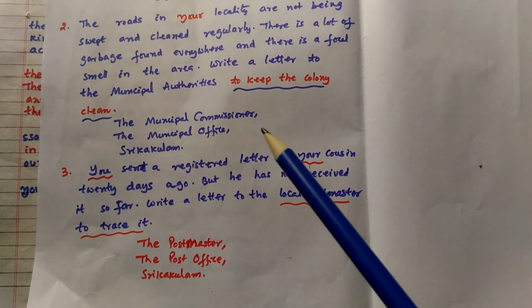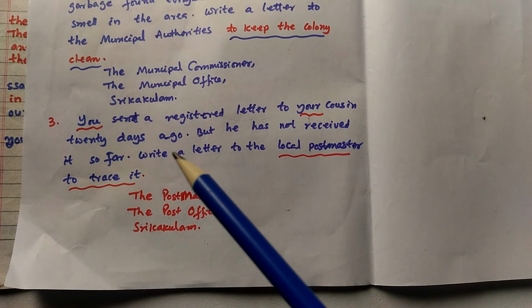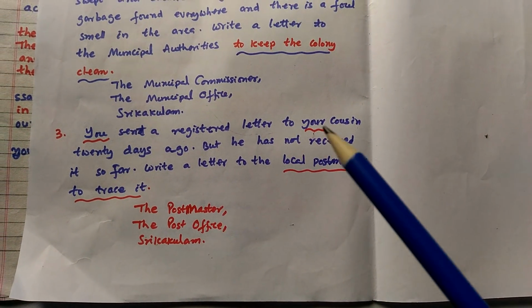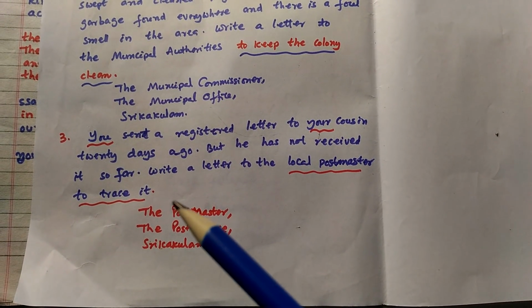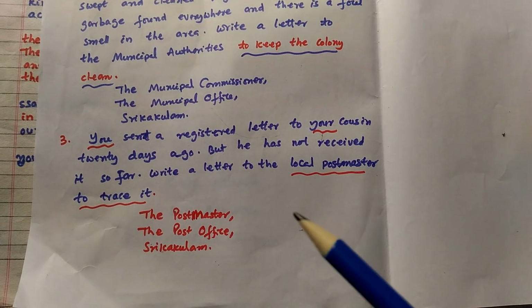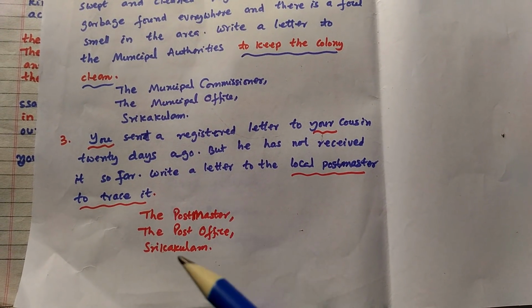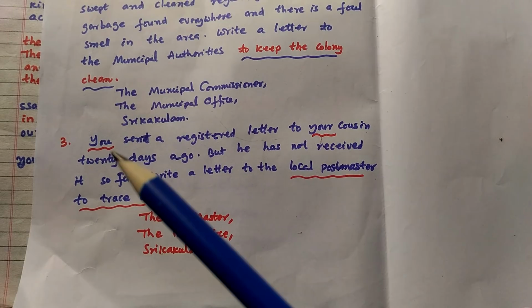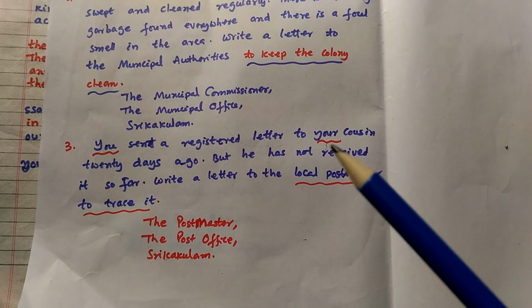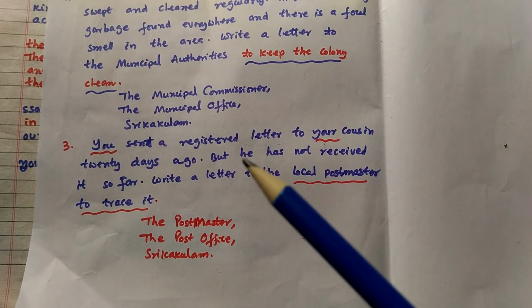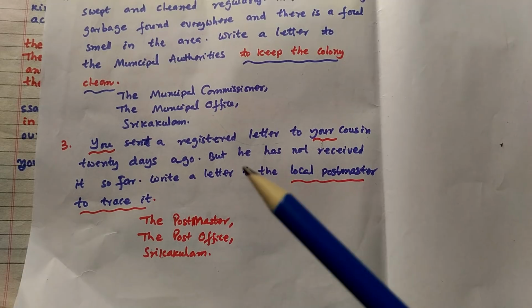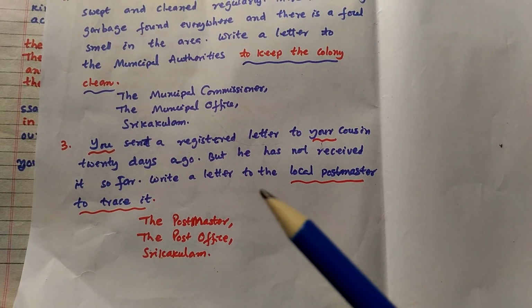In this way, we can also look at another example. You sent a registered letter to your cousin 20 days ago, but he has not received it so far. Write a letter to the local postmaster to trace it. Likewise, "you" can be changed into "I," and "your" can be changed into "my," and the rest of the sentences can be written as they are in the body of the letter.